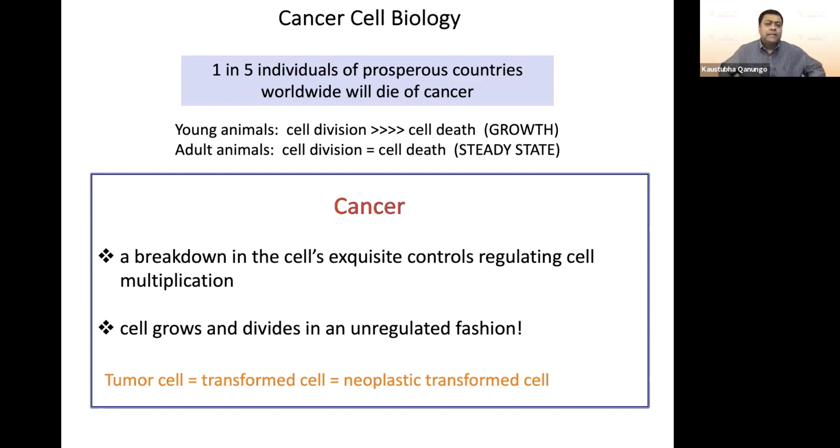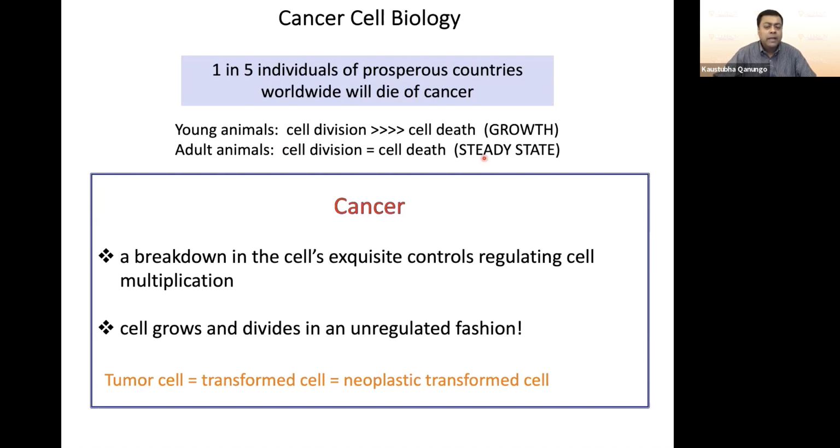So what is basically cancer? In young animals, when they are at a growing stage, the amount of cell division way exceeds cell death. This happens very fast from the fetal formation to the newborn. Then gradually, as we age, cell division and cell death come to an equilibrium in adult animals, where cell division is equal to cell death, which we call steady state growth.